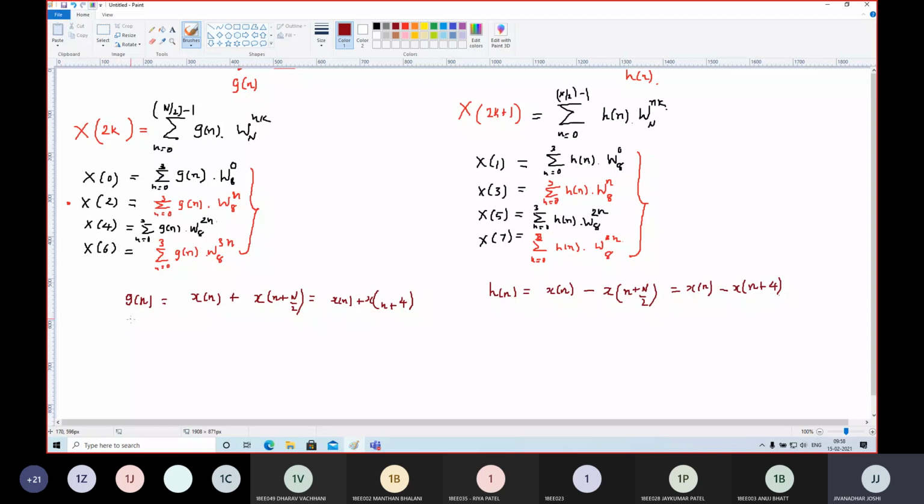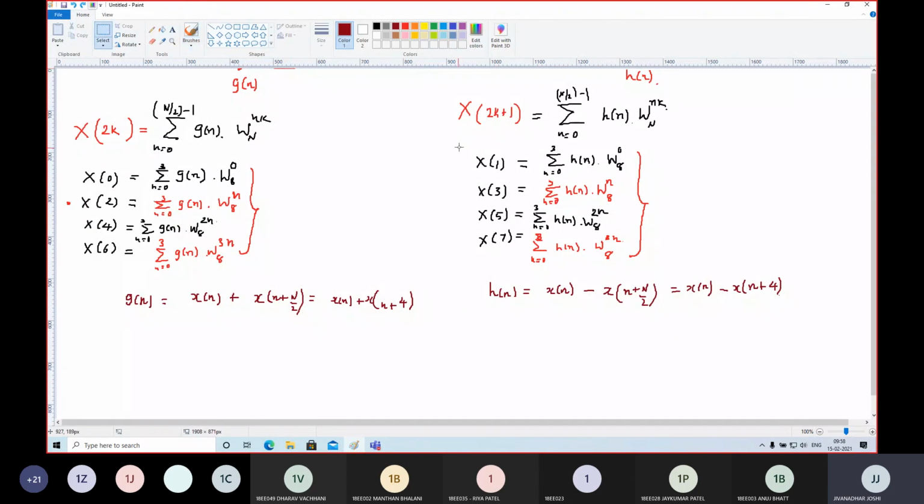So can I write down the equation for g of 0, then g of 1, then g of 2? Yes, of course. But if I do that, then the page may not be sufficient for me. So I am skipping that part, and let me now start drawing the butterfly diagram.